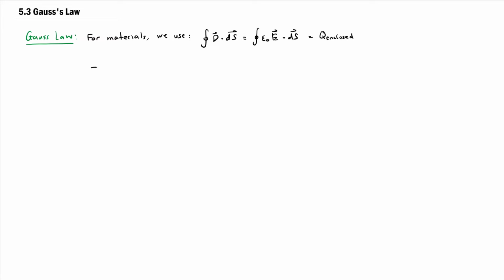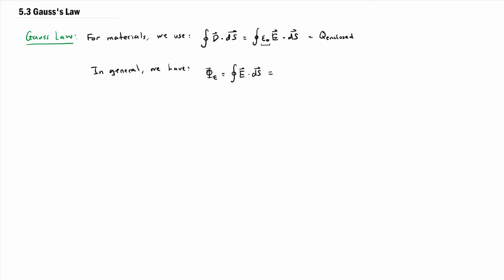So in general, Gauss's law states that the electric flux, or the total electric flux, is going to be equal to the surface integral, which means we're integrating over the entire surface.